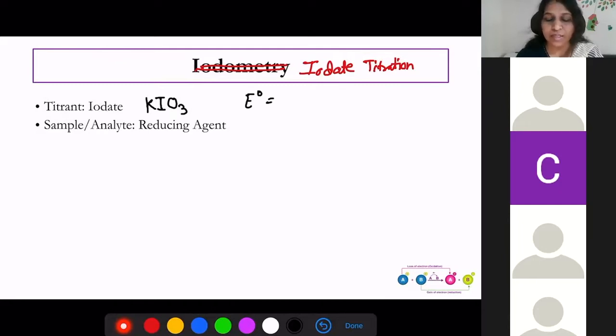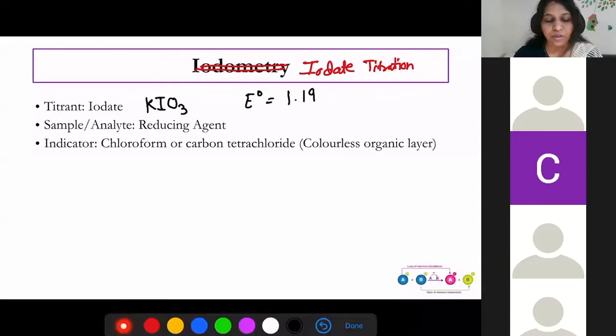In presence of acid, the E0 is around 1.19. You can just check the reference. It is approximately 1.19. The value can be a little here and there. Since it's a strong oxidizing agent, the analyte or sample is a reducing agent.